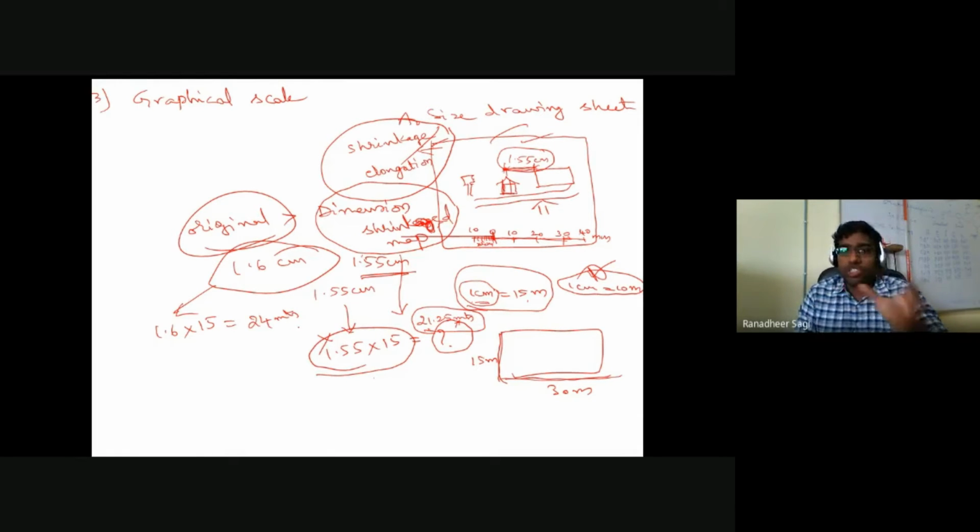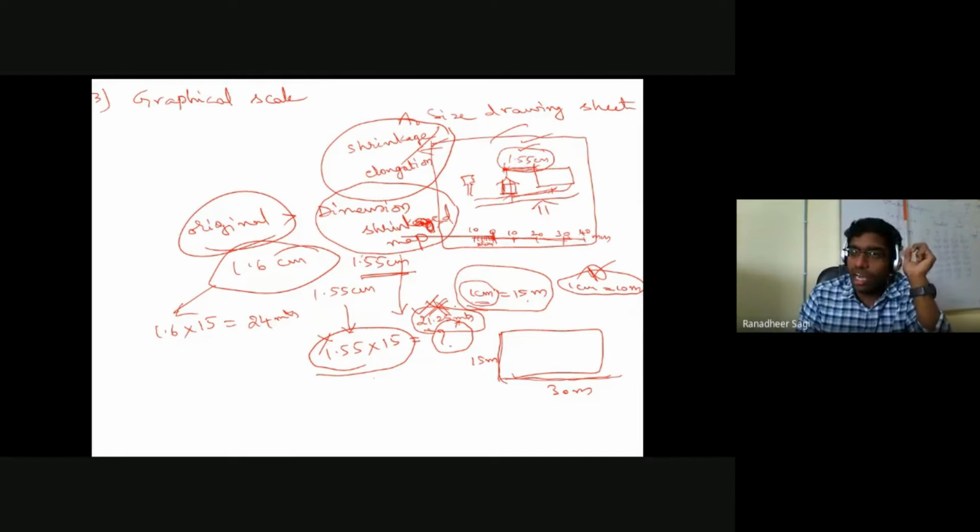If the map was not shrunk, the original dimension between those two houses in the field was 24 meters. But because of the shrinkage of the map, when I measure the dimension between the reference houses in the map and convert it with the help of the engineer scale, the calculation I get is not the accurate value.